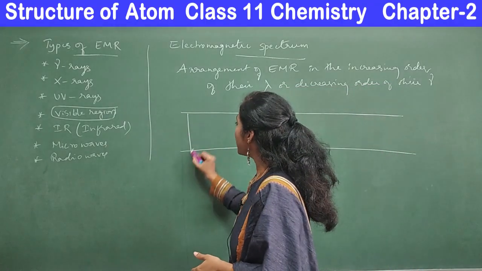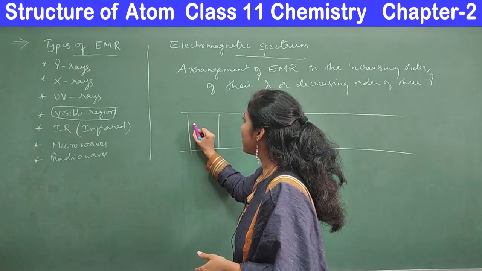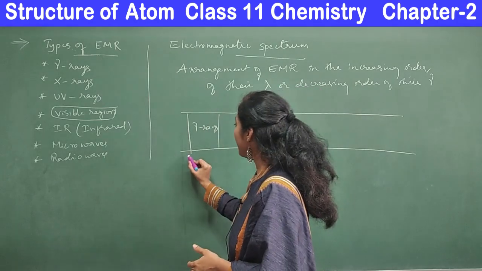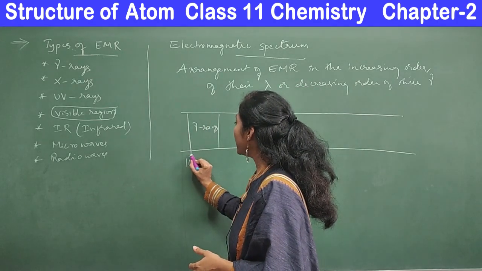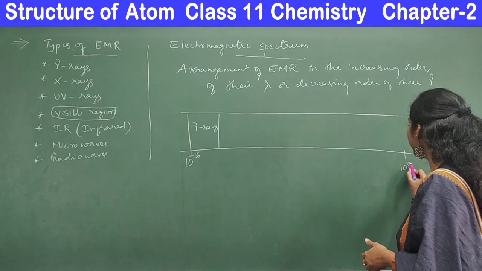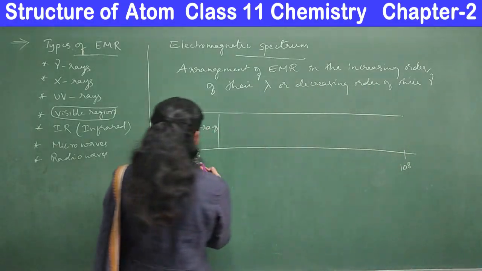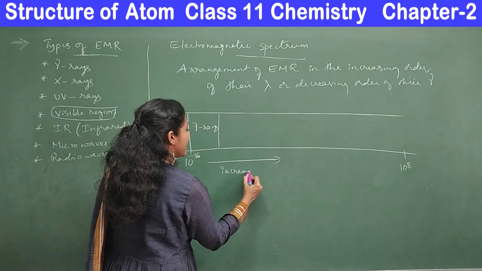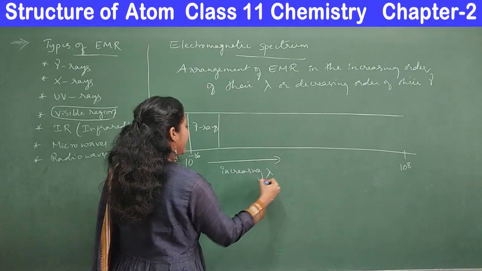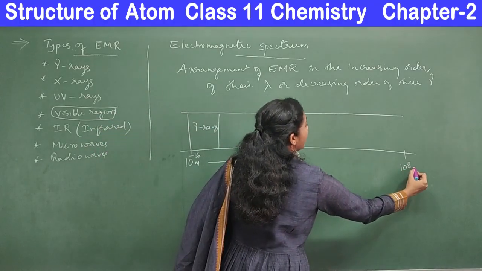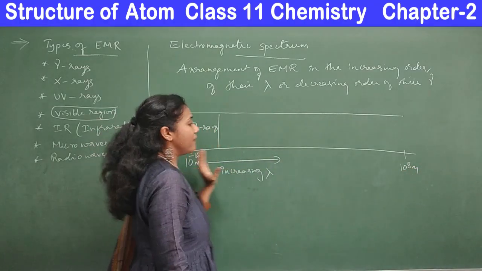Say initially I will place gamma rays here. Let the lambda be here 10 to the power of minus 16 to 10 to the power of 8. You see the lambda, increasing lambda, right? So 10 to the power of minus 16 meters to 10 to the power of 8 meters, lambda value increasing.